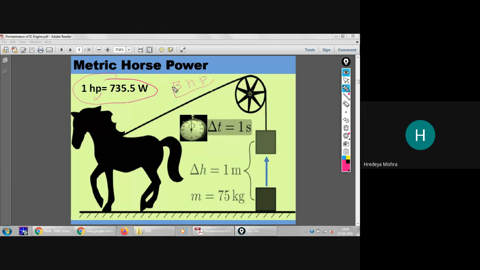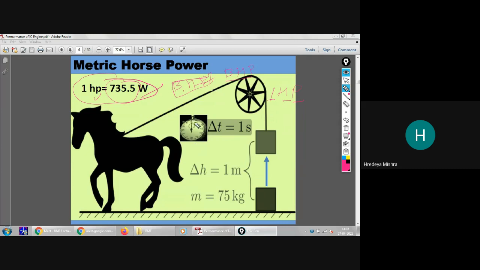So BP is nothing but BHP, brake horsepower, and IHP, that is indicated horsepower. And what is 1 HP? 1 HP is 735.5 watt. And what is watt? Watt is the unit of power.